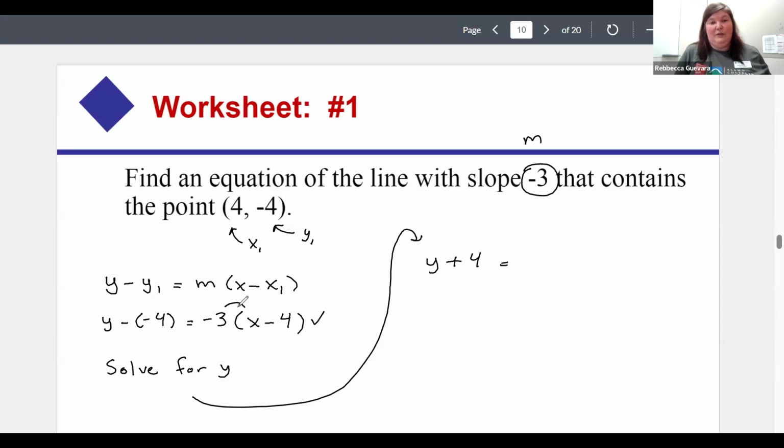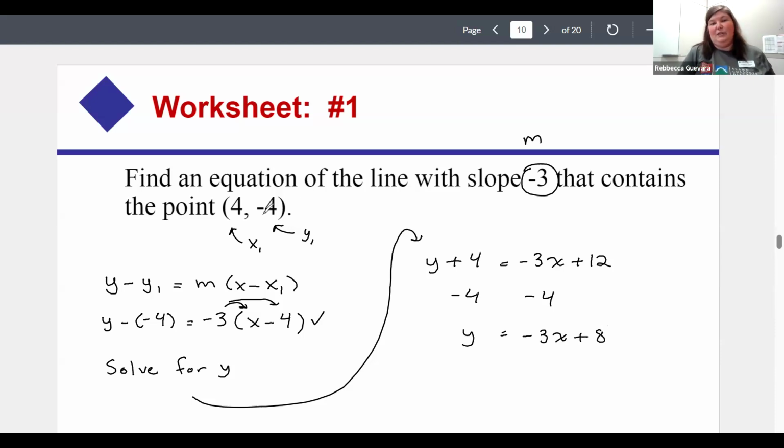If I distribute this -3 across, I'm going to get -3x minus 3 times -4, plus 12. Subtract 4 from both sides. I get y equals -3x plus 8.